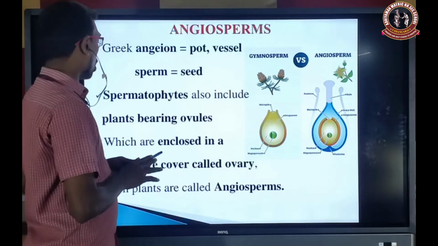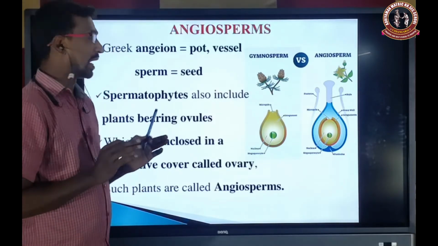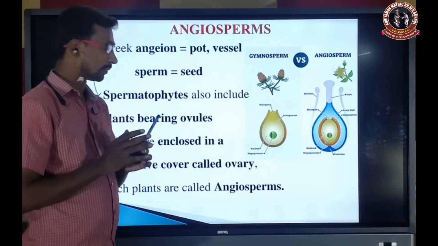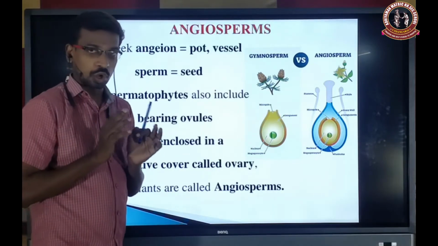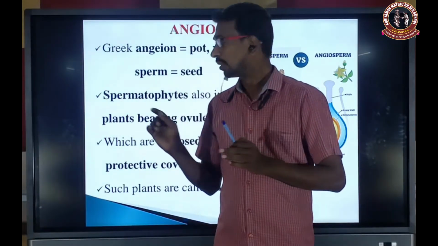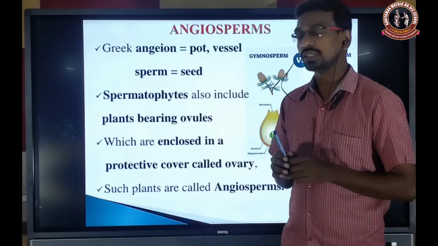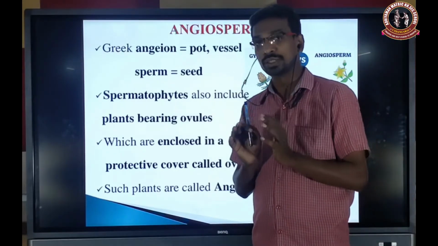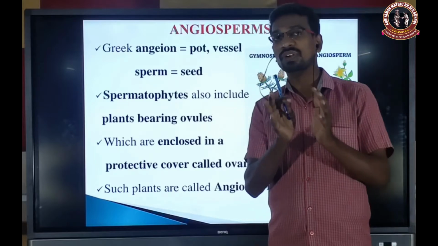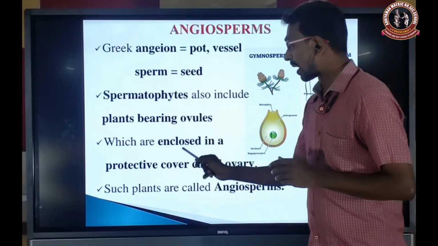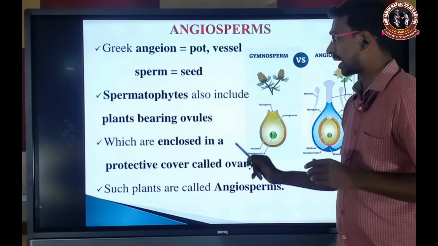Spermatophyta also includes the plants bearing ovules which are enclosed in a protective covering called the ovary. Those plants are generally called angiosperm plants.